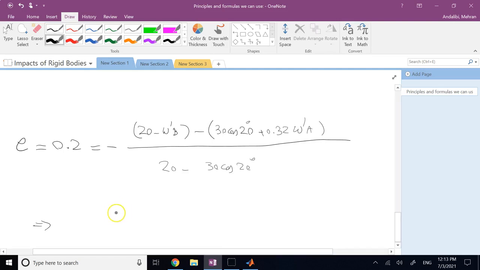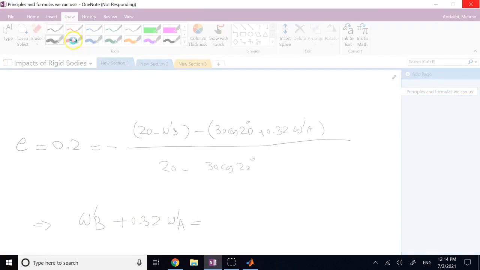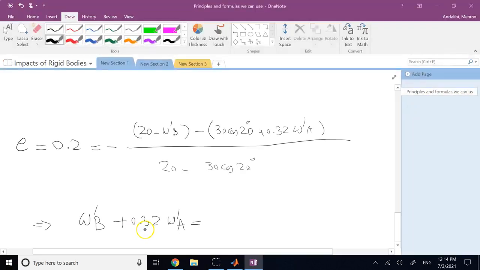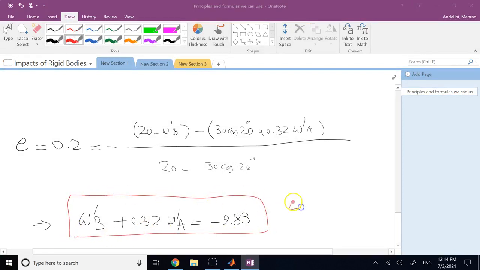So it is going to be omega prime b plus 0.32 omega prime a is equal to, and here I have done the arithmetic and found the number, and the number was negative 9.83. So this is finally my equation number 4.